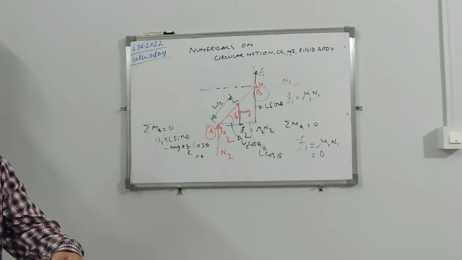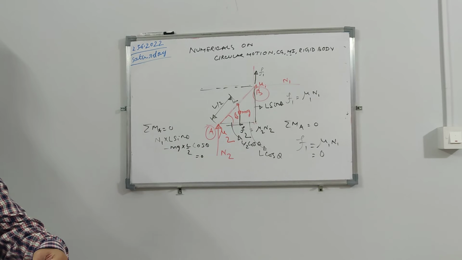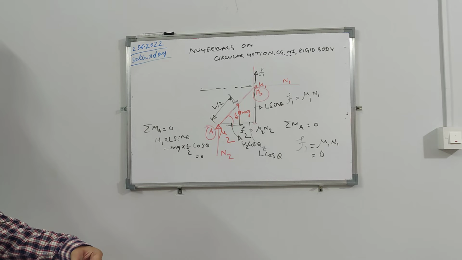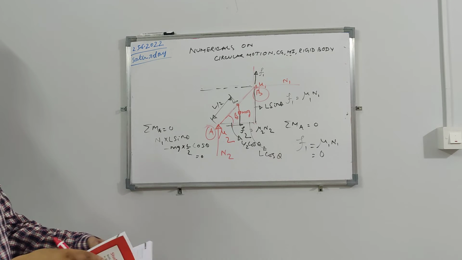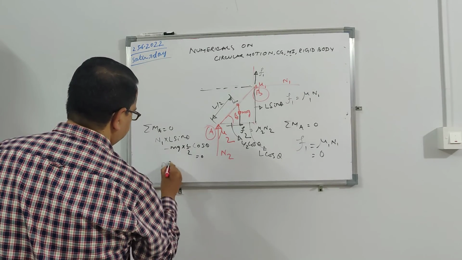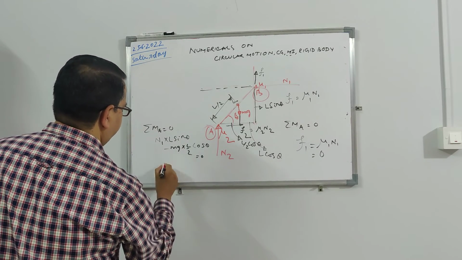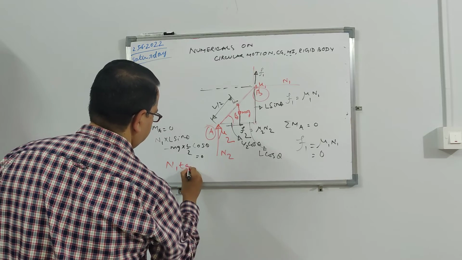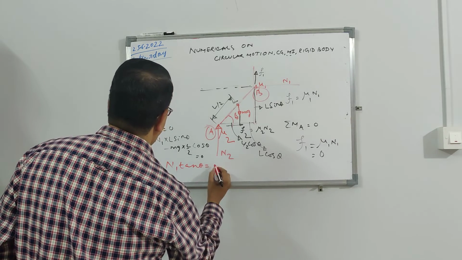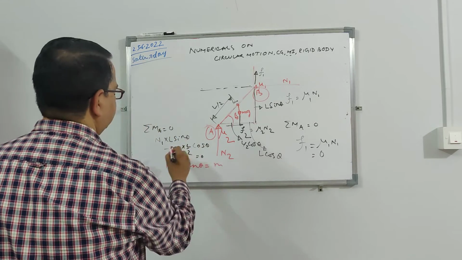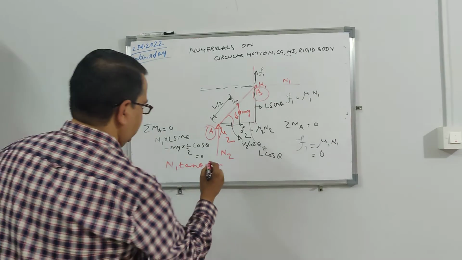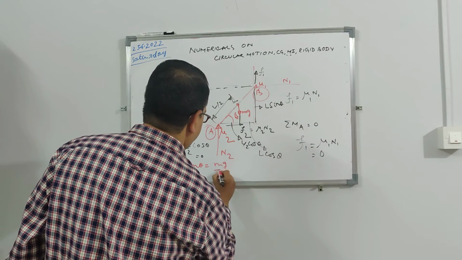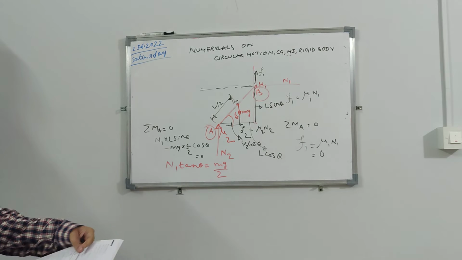So only mg L by 2 cos theta remains, and then it will become N1 tan theta is equal to mg by 2, since sin theta by cos theta simplifies to tan theta. N1 tan theta is equal to mg by 2.